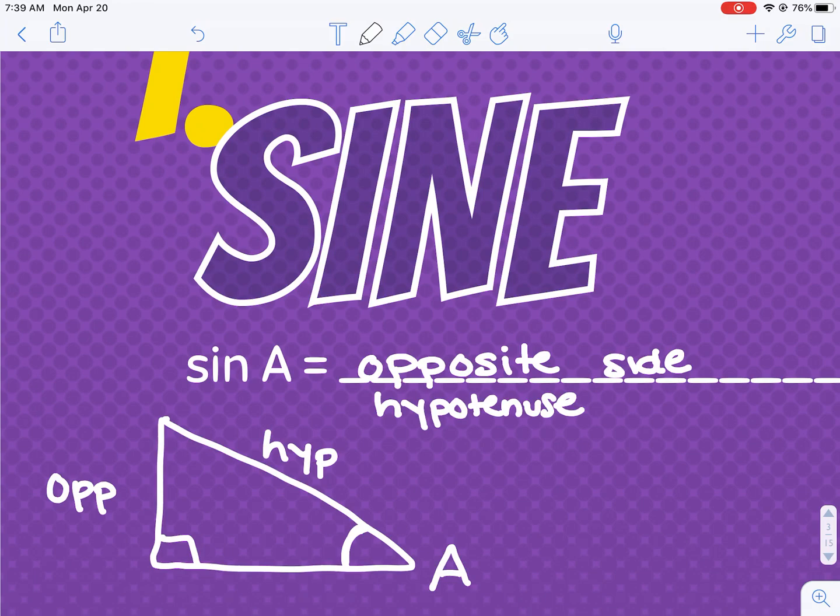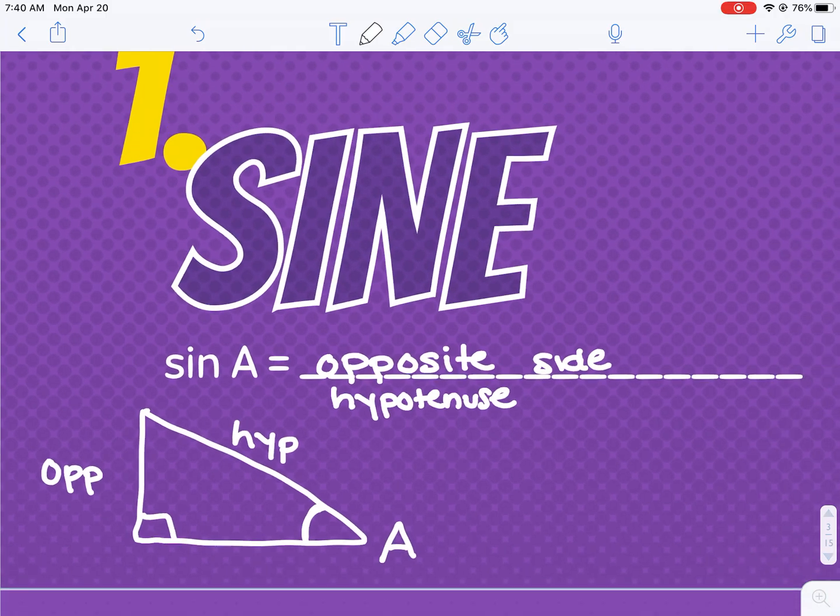So if the opposite side was 4 and the hypotenuse was 5, I could say the sine of A is 4 over 5. Okay, we always write it in simplest terms or as a decimal. We never leave it as an improper fraction or like a mixed number or anything weird like that.